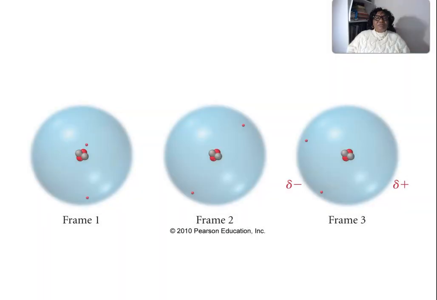So we can see in this framework the electrons not evenly distributed. Here it is evenly distributed. But somewhere here, the two electrons have accumulated, making this side partially negatively charged and this side partially positively charged.